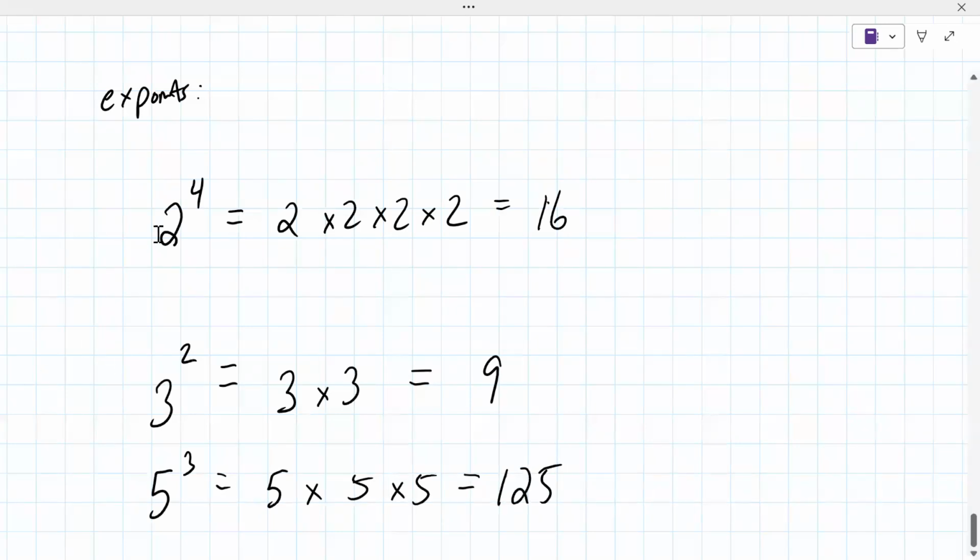Now, can you tell me what the rule is when you have a base to an exponent?